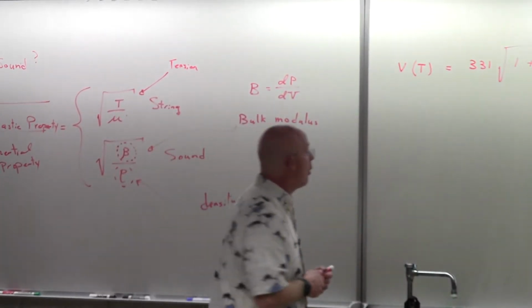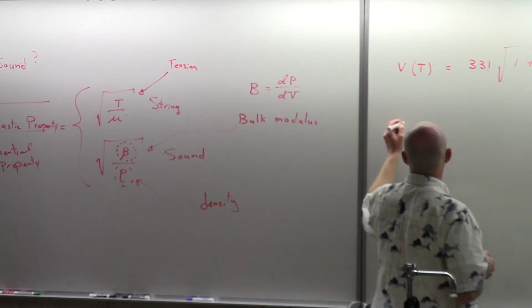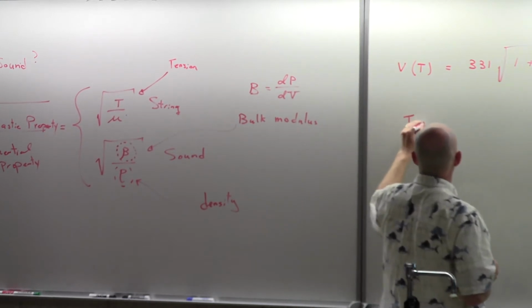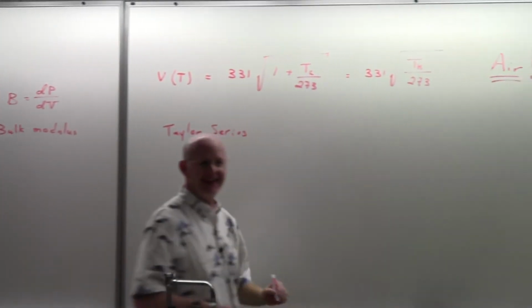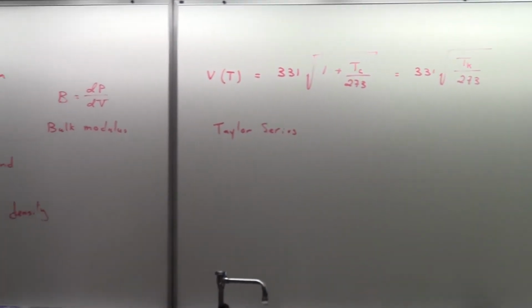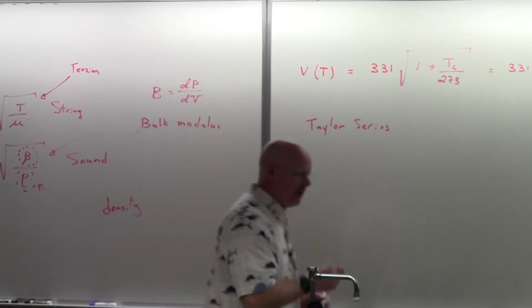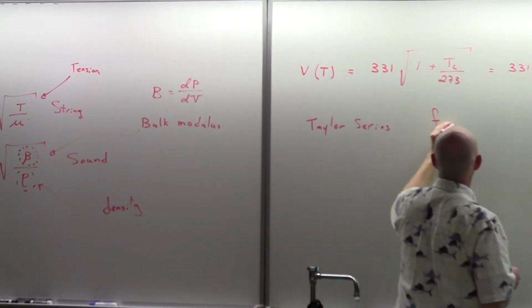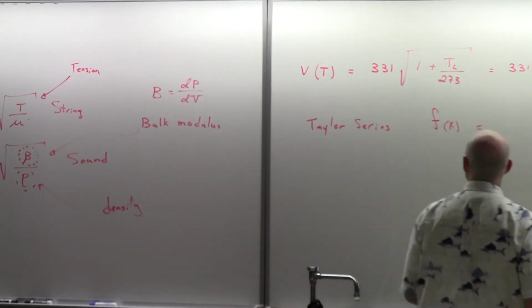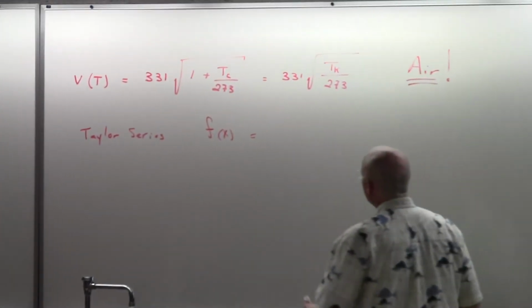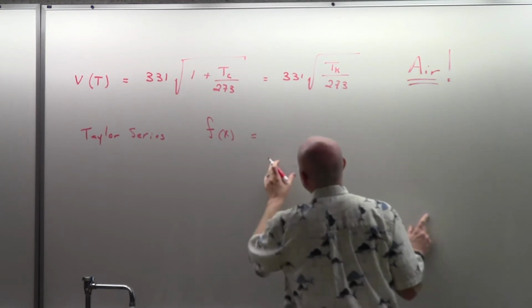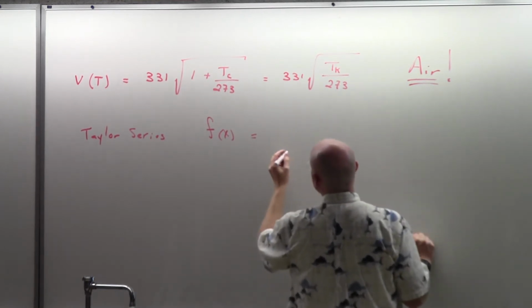In fact, your author does one more thing. He says, hey, remember that good old Taylor series? Remember from your math class that a Taylor series meant that you could take any function and write it as a polynomial? And that polynomial would look, I guess, something like this.